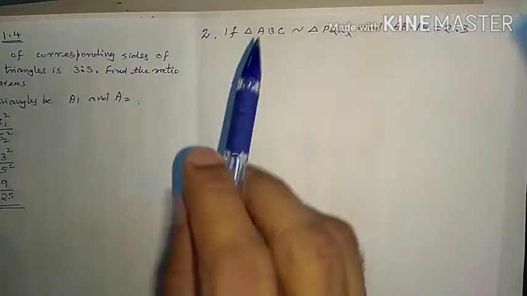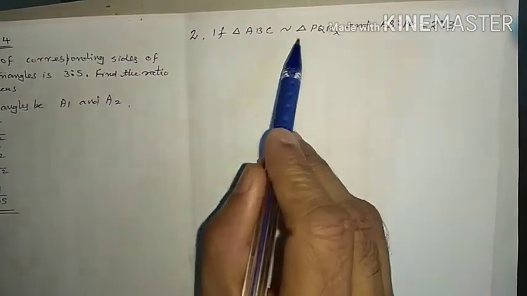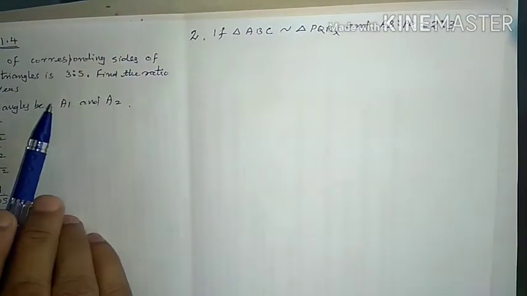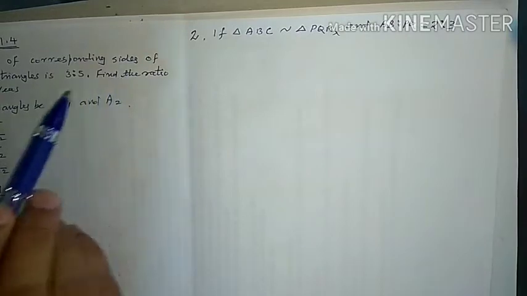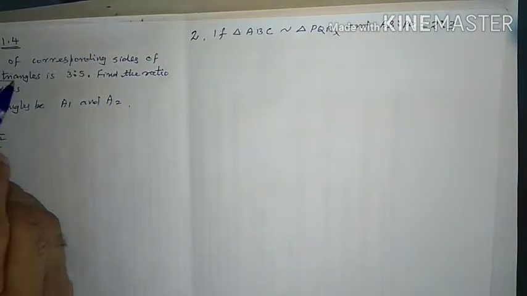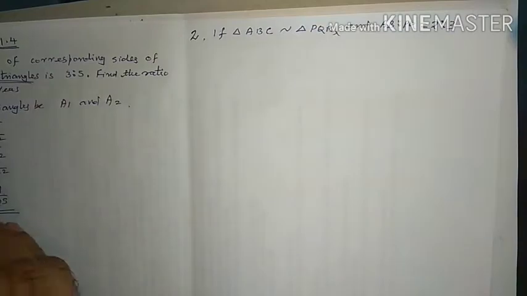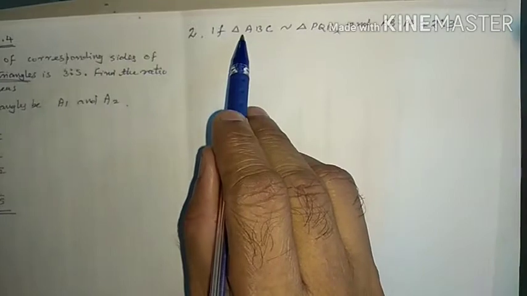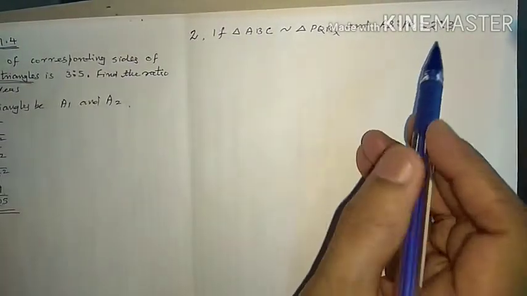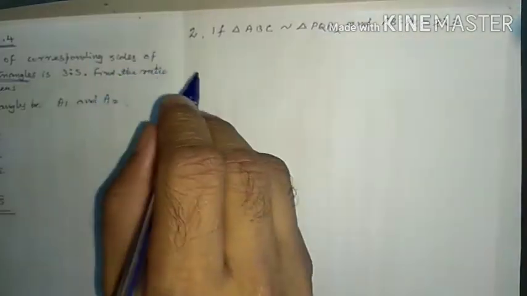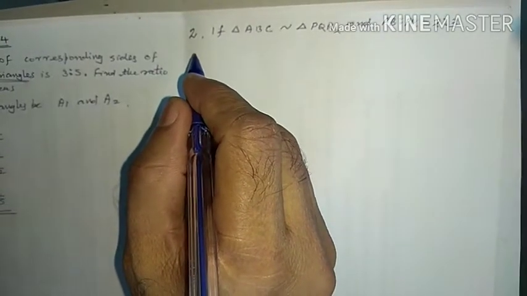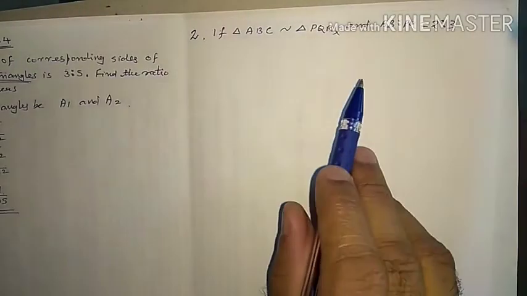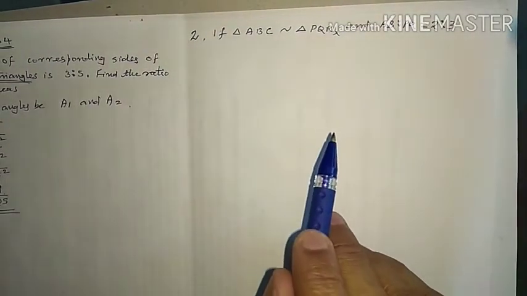If triangle ABC is similar to triangle PQR, means the triangles are similar. Therefore, we use the theorem. The ratio of areas of two similar triangles is equal to the ratio of squares of corresponding sides. The question says: triangle ABC similar to triangle PQR, ratio of their sides are given, then fill in the blanks.